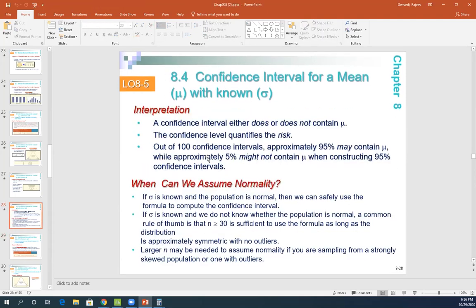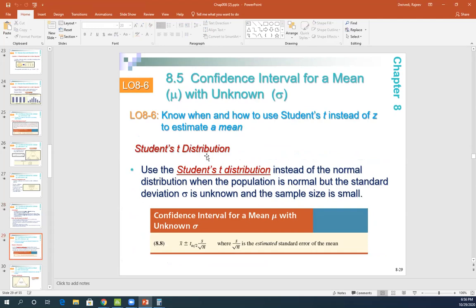So there are three cases. Number one is when sigma is given, meaning population standard deviation is given. When we don't have population standard deviation, we use the student t distribution, which is this.